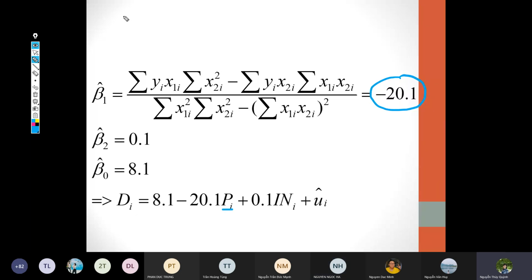And it also shows the effect of price on demand. And what is that effect? With every one unit increase in price, there's a 20.1 unit decrease in demand.